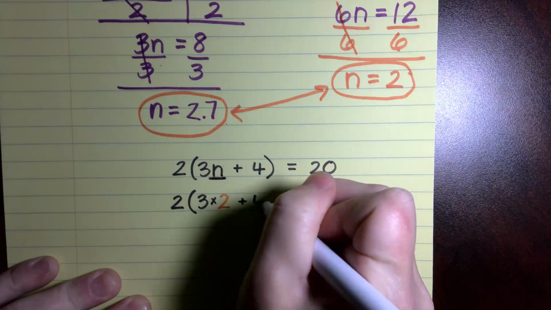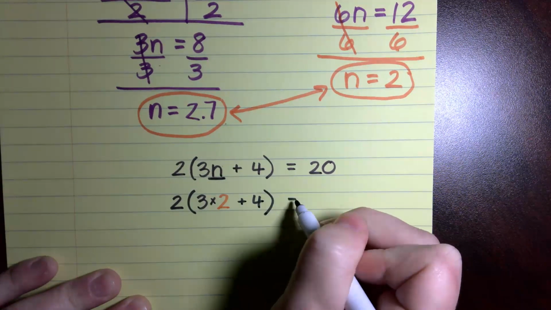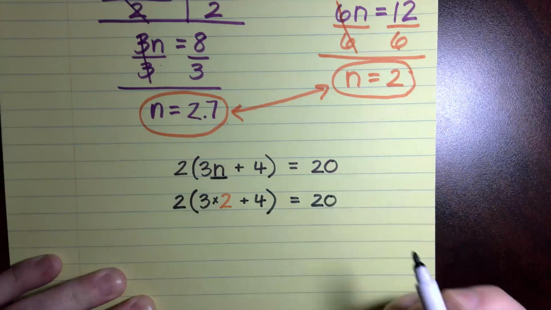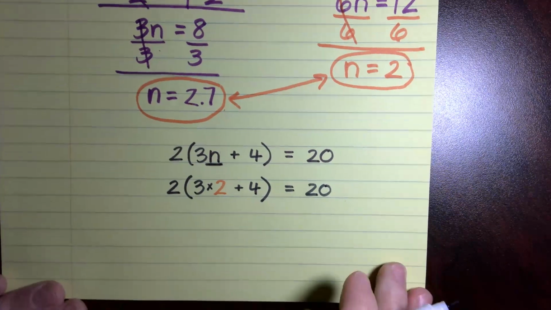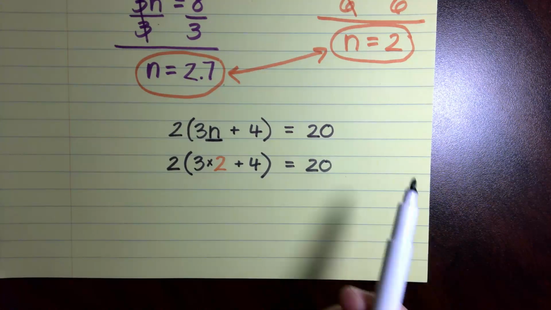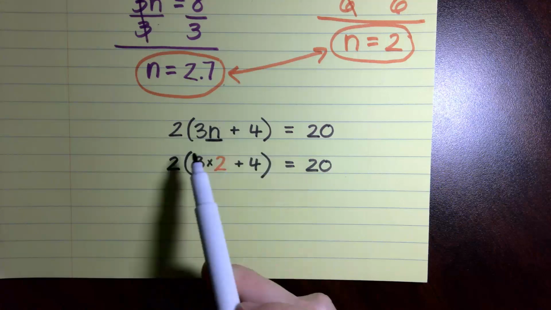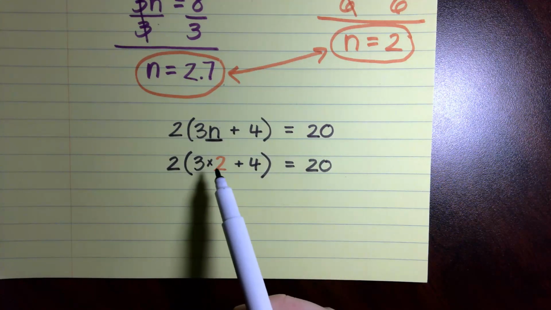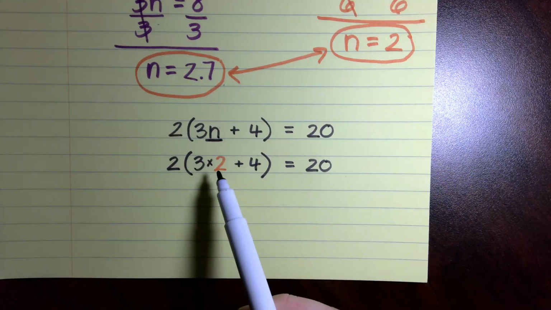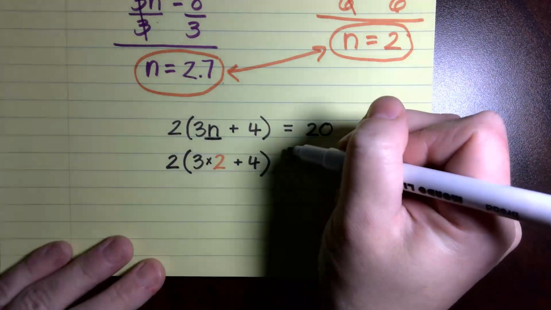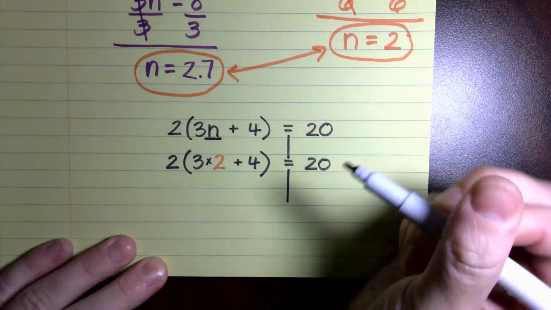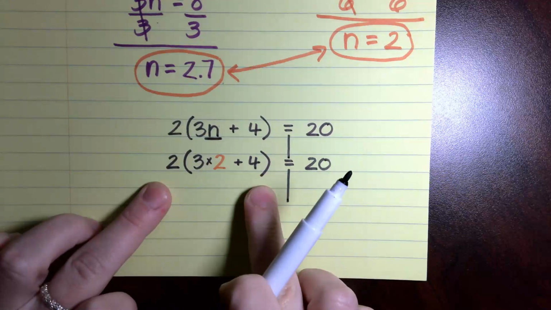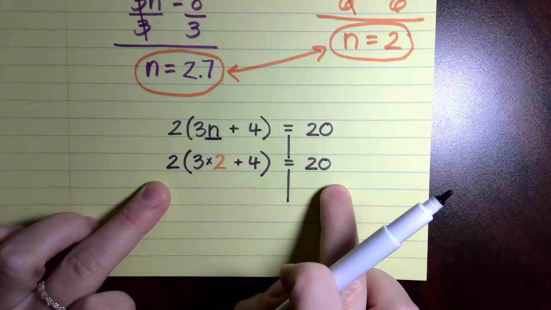Plus 4 equals 20. Okay. Now, we're not solving for a variable anymore. We know that n is 2, or at least we think it is. What we need to figure out is, is this answer actually equal to 20?